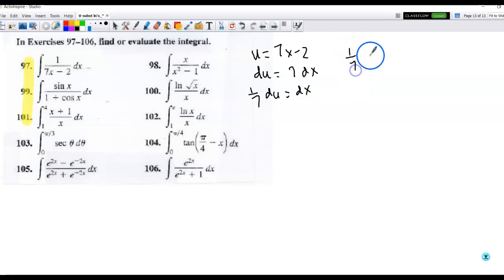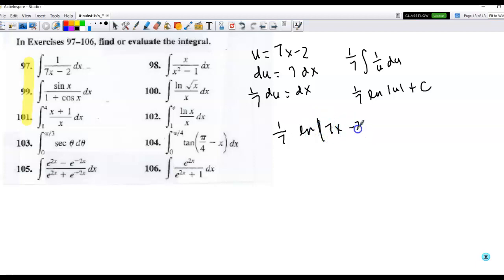My rewritten integral would be then 1/7 of 1 over u du. So that's going to give me ln, absolute value of u, plus c. Do my replacement, and I get 1/7 ln, absolute value of 7x minus 2, plus c.